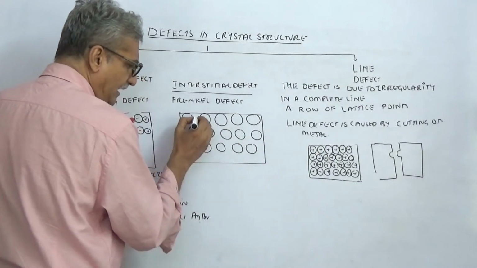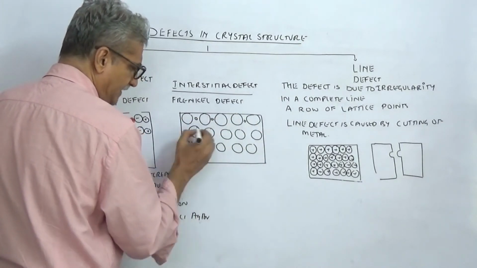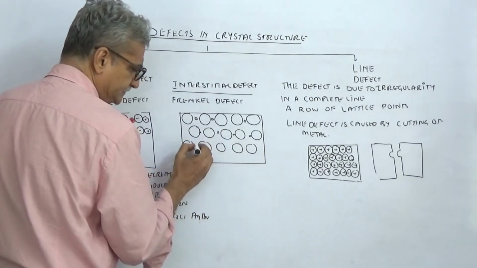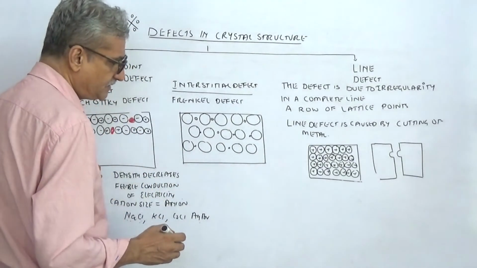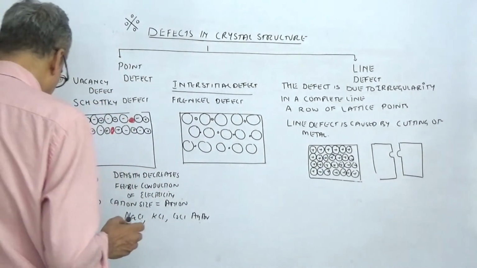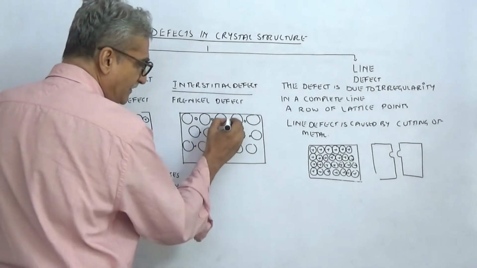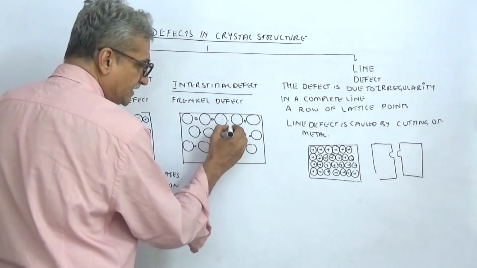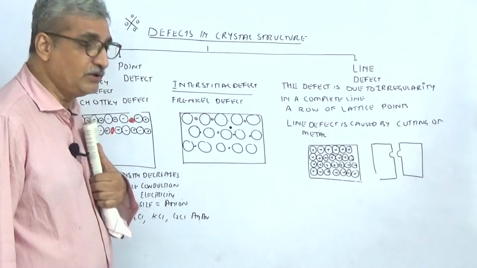And then I have cation, cation, cation, cation, cation, cation, cation. So sometimes what can happen is the cation can slip. So here there should have been a cation. But what happens, the cation, instead of being in parallel with this anion, it slips here. It slips into the void space.